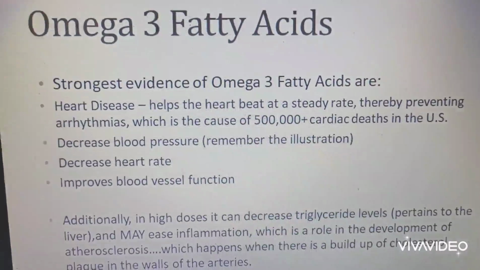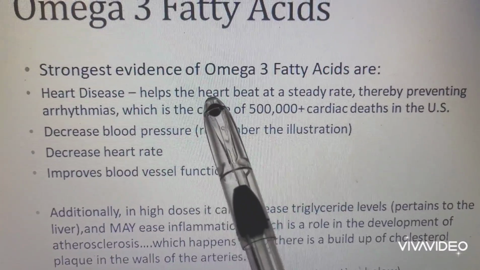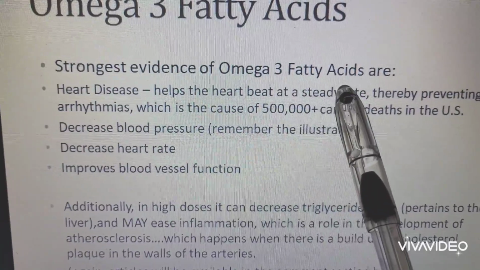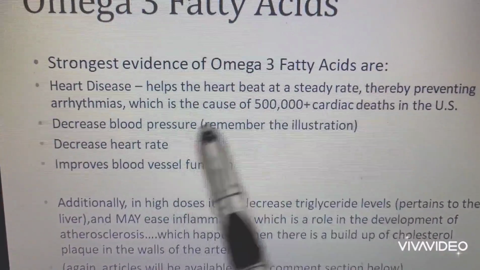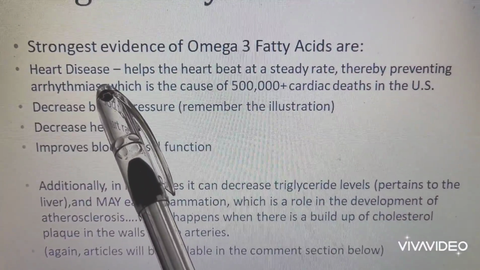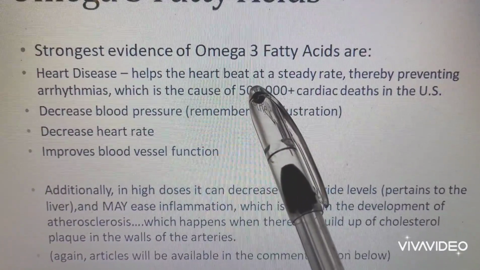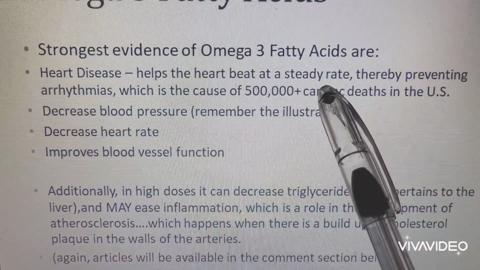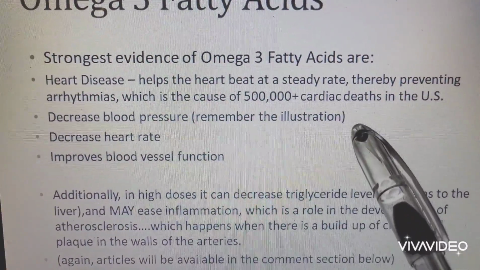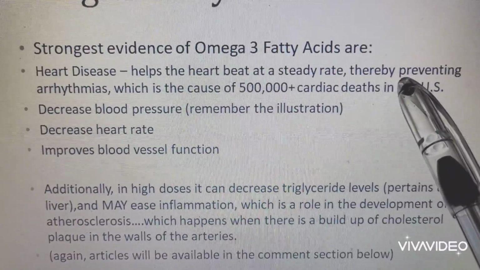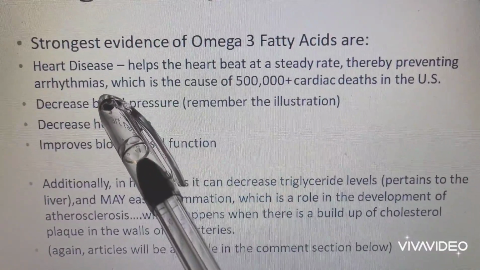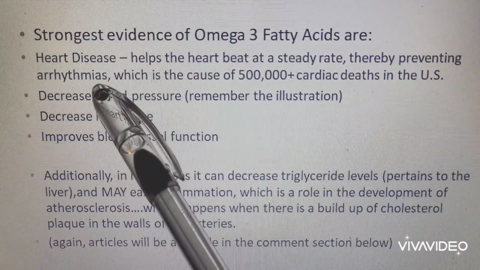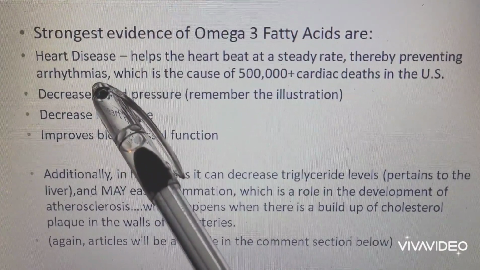Now, the strongest evidence, meaning testing, of omega-3 fatty acids or fish oil is for heart disease. It helps the heart beat at a steady rate, boom, boom, boom, boom, just like on time, thereby preventing arrhythmias, meaning something more of doom, doom, doom, doom.